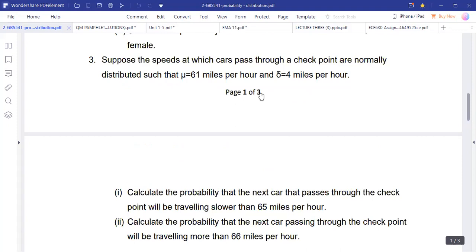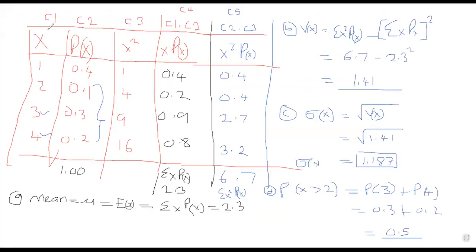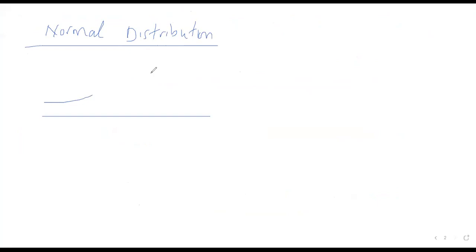Now we'll look at another probability distribution which is called normal distribution. So normal distribution, to start with, has 3 characteristics that you need to know. Number 1, the distribution is bell-shaped. It looks like this.